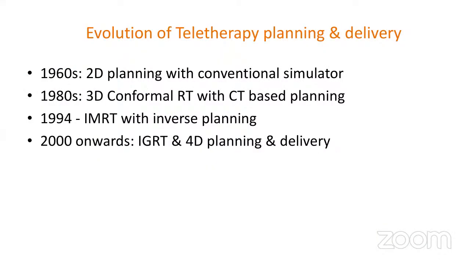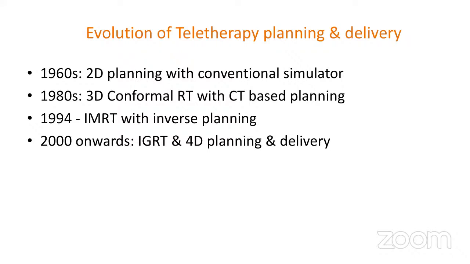Teletherapy planning has evolved from the 1960s. I'm talking of only the megavoltage era; I'm not going to the kilovoltage era. It's like 2D planning, basically on the surface, or skin marking, which is basically 1D planning, and then conventional simulator, then 3D conformal radiotherapy with CT-based planning. When I was a resident, we were doing both 2D as well as 3D conformal radiotherapy.